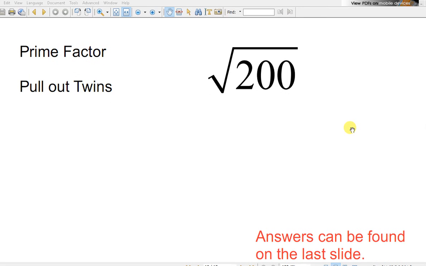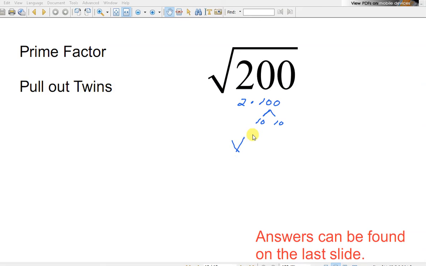How about the square root of 200? Let's break down that 200. 200 is 2 times 100. And 100, I'm going to cheat a little bit. I know 100 is 10 times 10. And actually, that's the pair that I'm going to be having here.